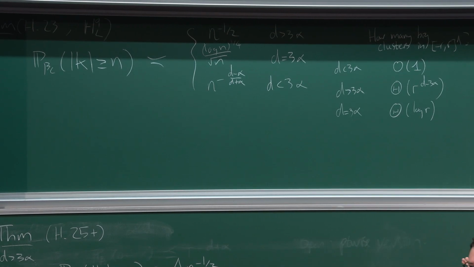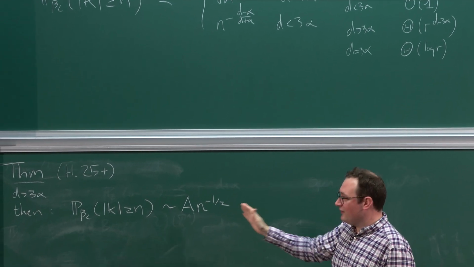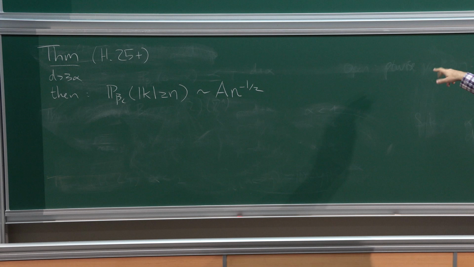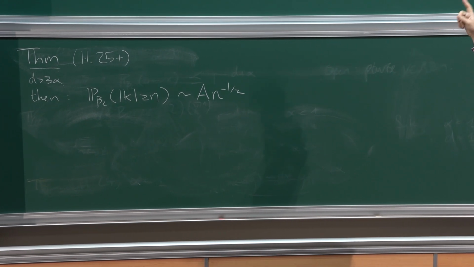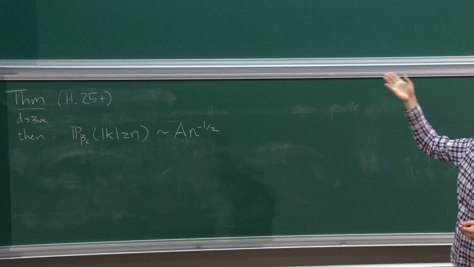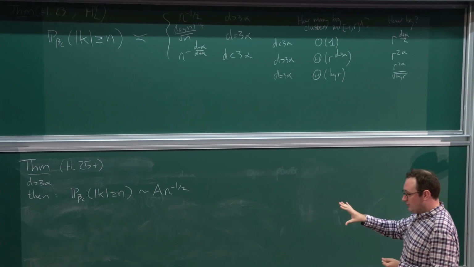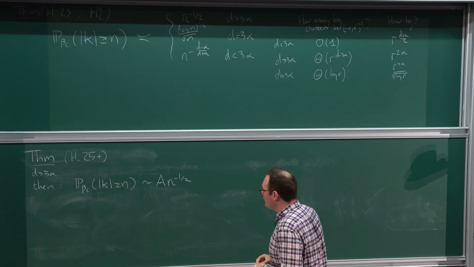I guess I wasn't thinking too much about it. Here I really wanted to get into scaling limits, and identifying precise first-order asymptotics was much more important, but actually you can go back and improve the D bigger than 3 alpha and D equals 3 alpha cases in the hierarchical case to give you precise first-order estimates with constants if you want. So this is the first thing.